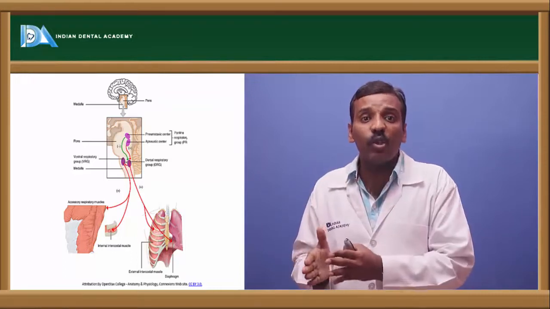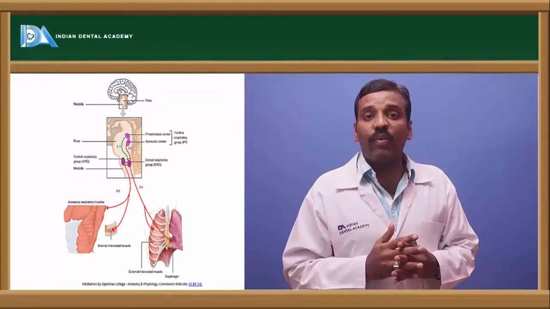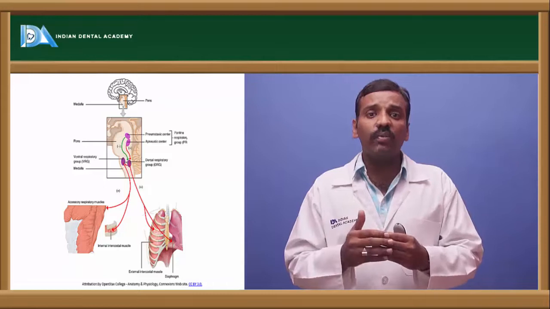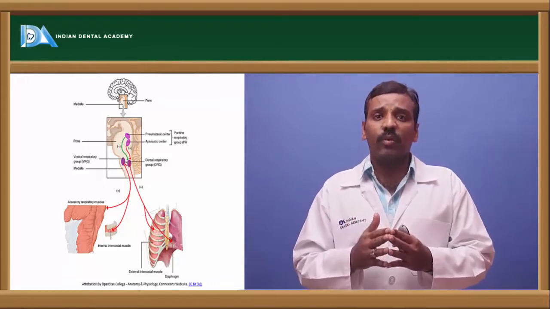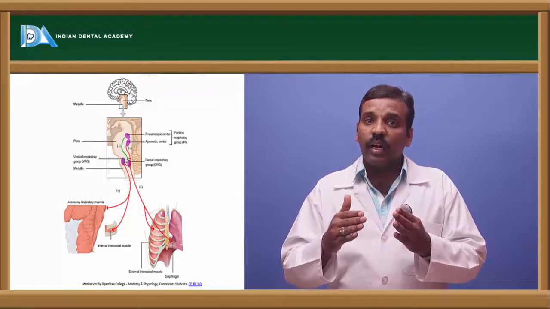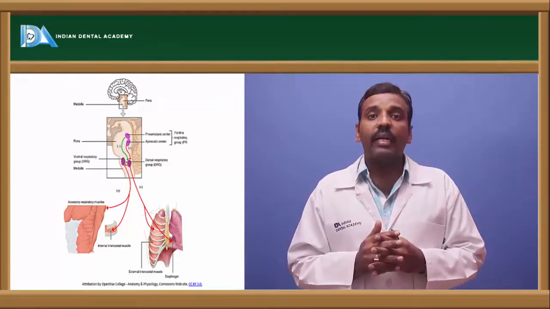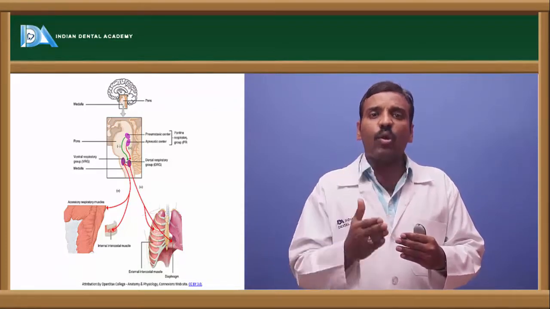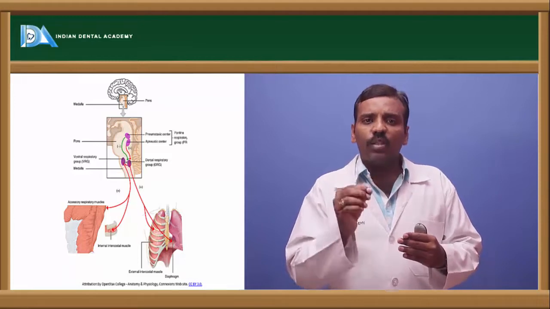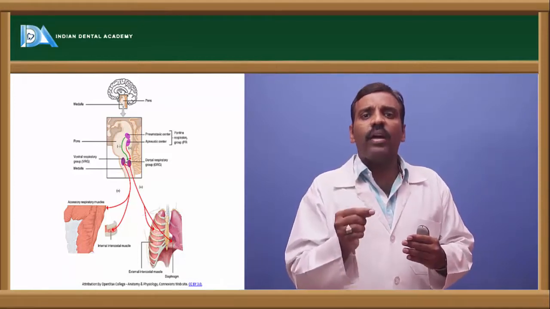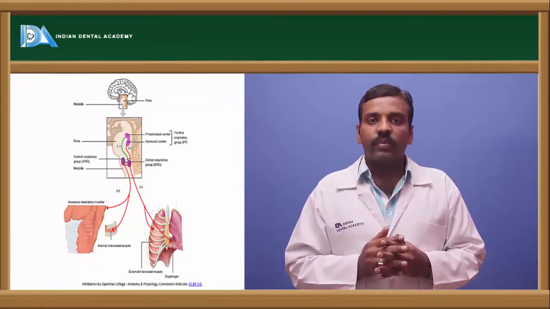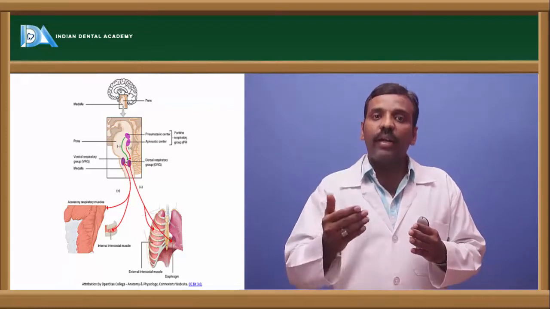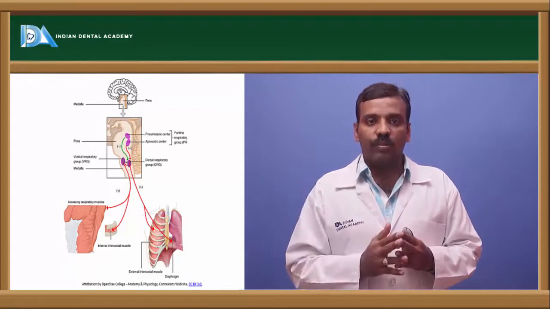Then there is stoppage of expiration and immediate activation of inspiration. Check it out yourself: inspiration is followed by expiration, and after completion of expiration there is a small pause, and then inspiration continues.